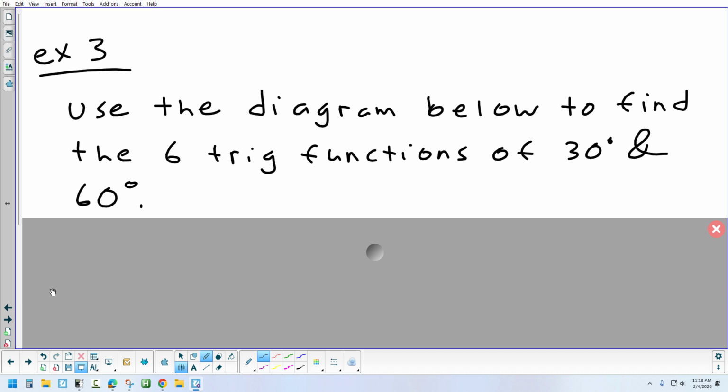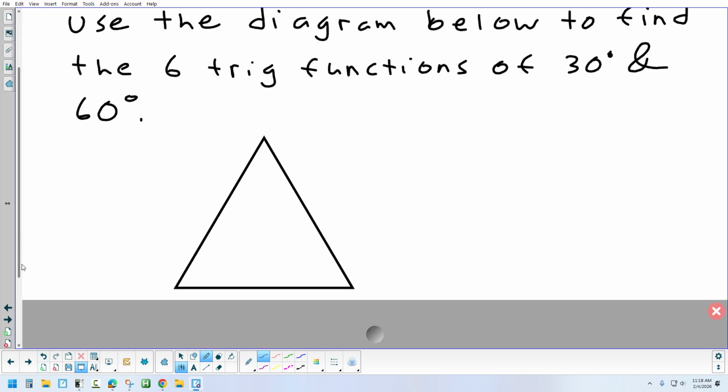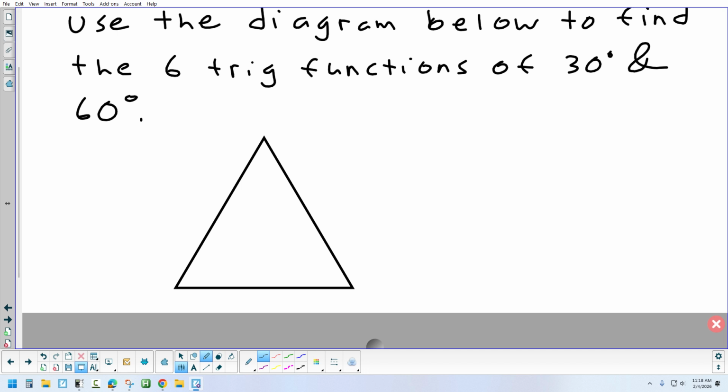Even more than isosceles. Yeah, equiangular. Equiangular is a triangle where all the angles are the same, and if they're all the same and have to add up to 180, they would all be 60. So that's the diagram we're going to start with. We're going to start with an equilateral or equiangular, same thing, triangle.